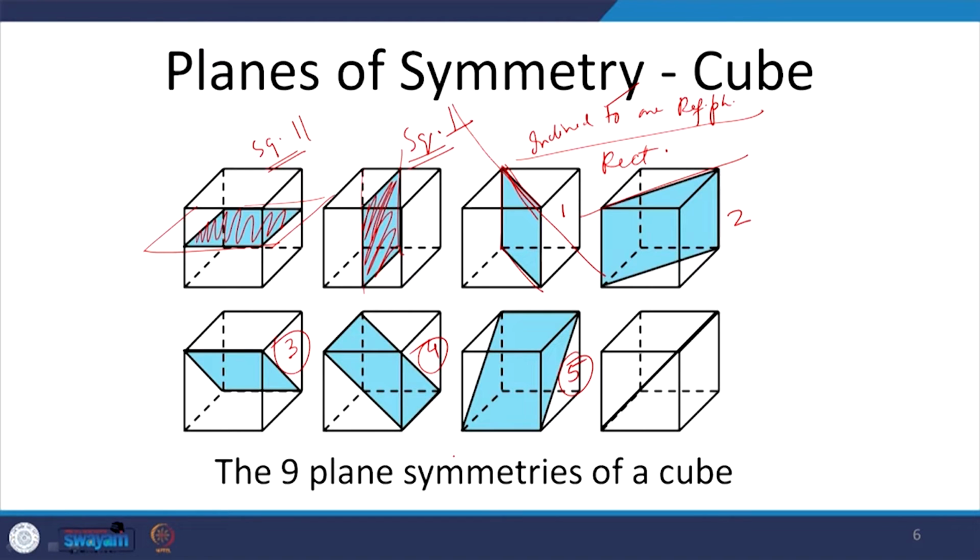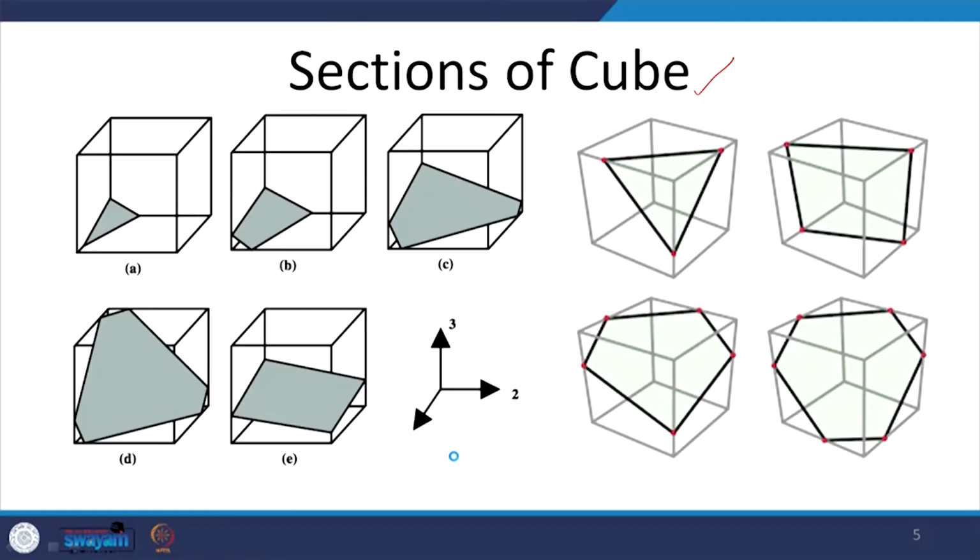So, it is simple in case the section plane is parallel to either of the planes of symmetry. But what happens if the plane is inclined to both the reference planes and that of the cube as well? In that case, it depends on where it is cut from. If it is cut in such a manner that 3 surfaces of the cube are cut, we will get a triangle.